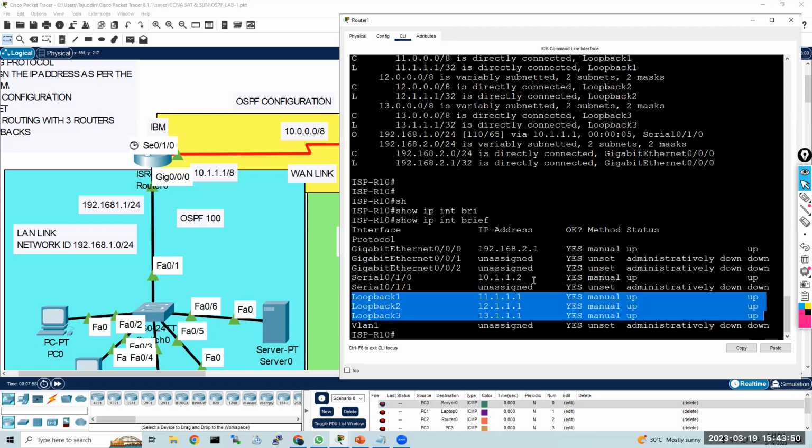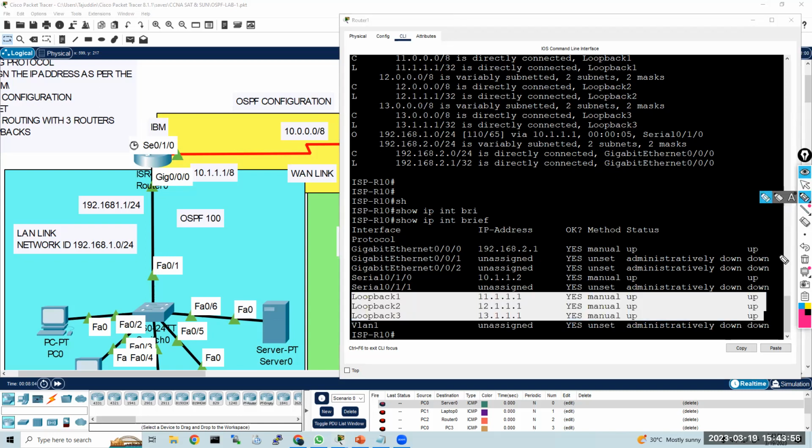Now I will ask a very important question, guys. Please give some attention here. Why is it showing only the 13.1.1.1 loopback? Why is it not showing these two? For this router, router 2 is the neighbor.